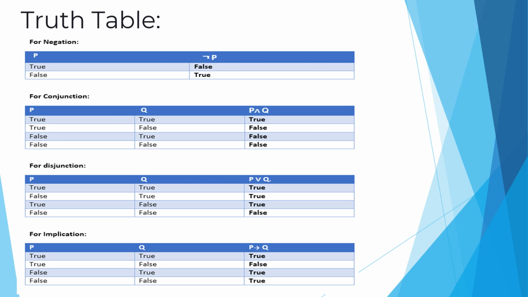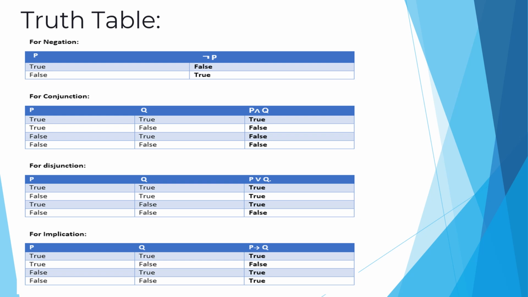The third one, the P statement is true and the Q statement is false. After applying the disjunction, the statement will be true. And the fourth one, P statement is false and the Q statement is false. After applying the disjunction connective, the statement will be false.